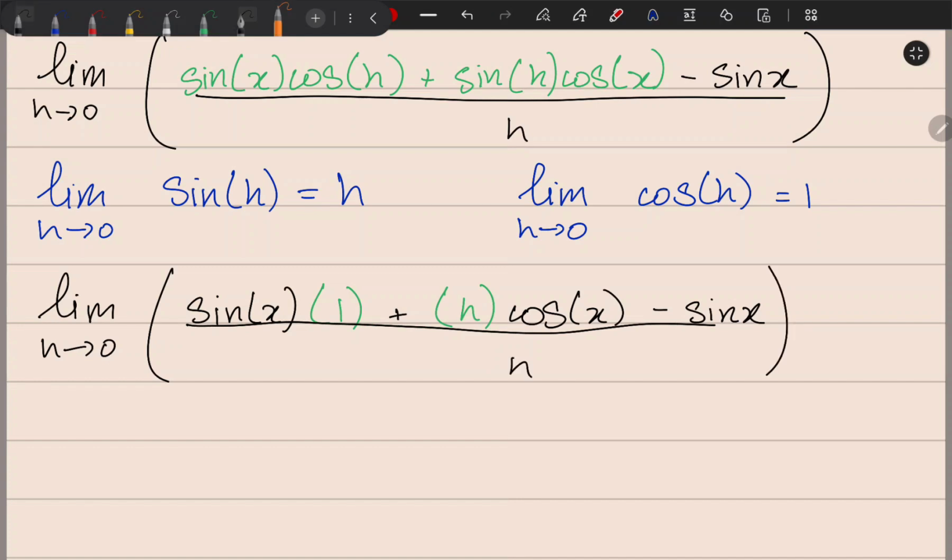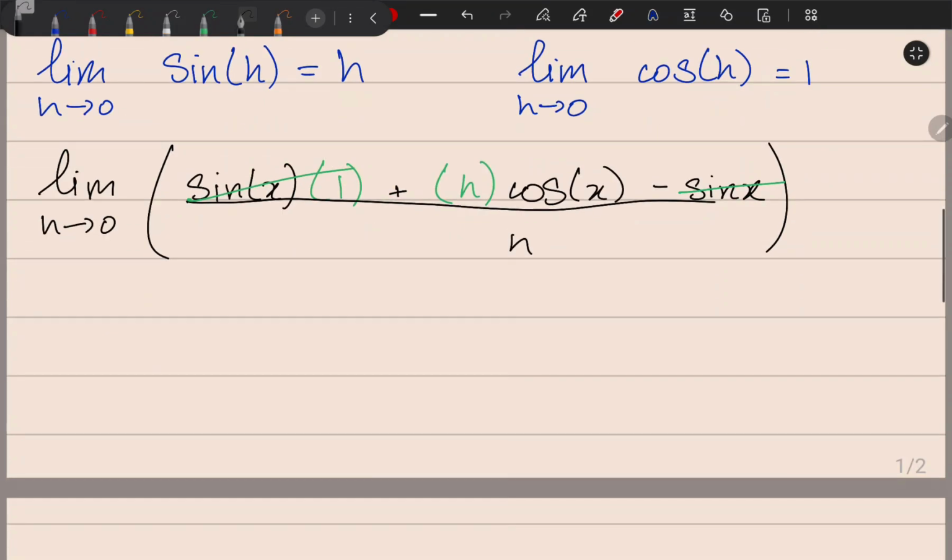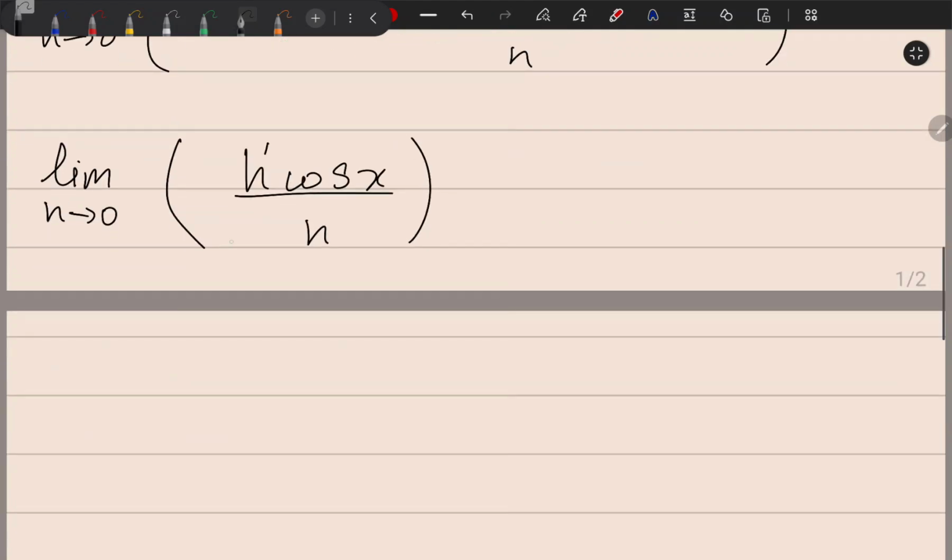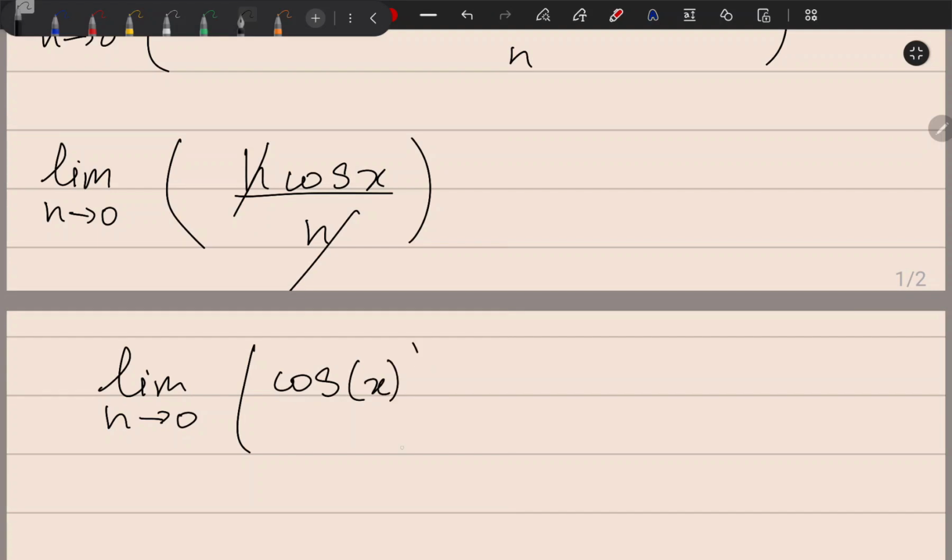Okay, so look here, the sin x and the negative sin x cancel out, so we are left with the limit as h approaches 0 of h cos x upon h, and the h cancels, so we are left with the limit as h approaches 0 of cos x, and this is obviously just equal to cos x.